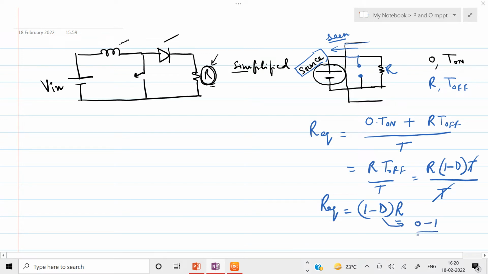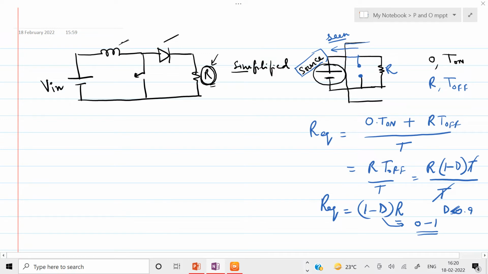Ideally it can vary from 0 to 1, although in a boost converter we don't go above 0.9 duty ratio. Why? Because I've taken this topic in detail in my lecture on DC to DC boost converter, in which I had told you that in a real boost converter, when we take its duty ratio above a certain value, then instead of increasing the output voltage, there is a reduction in the output voltage.